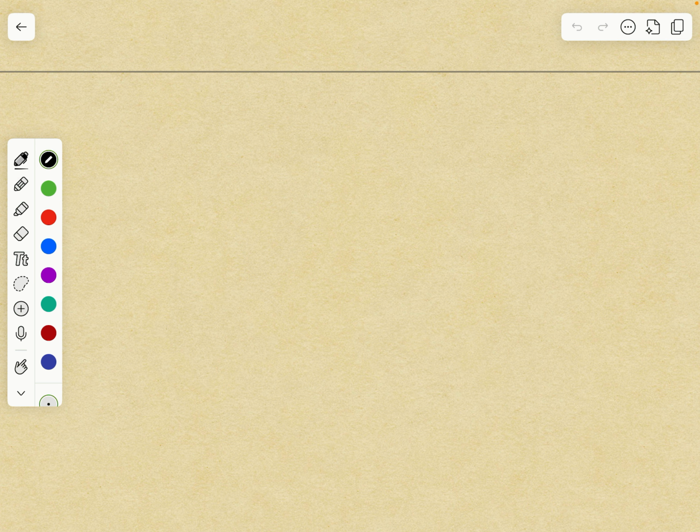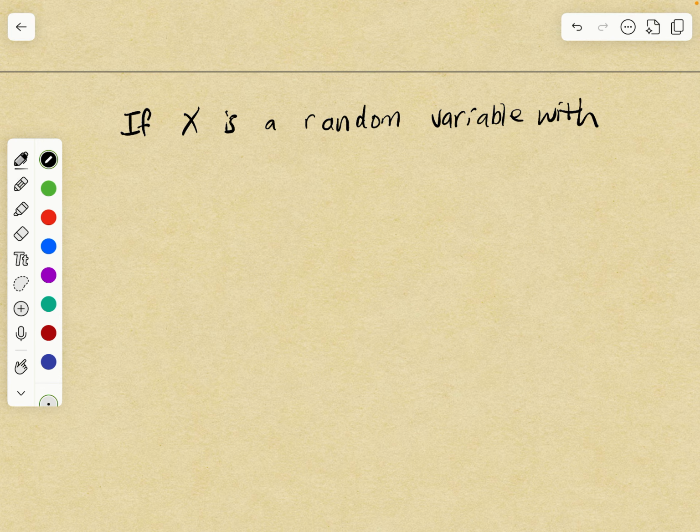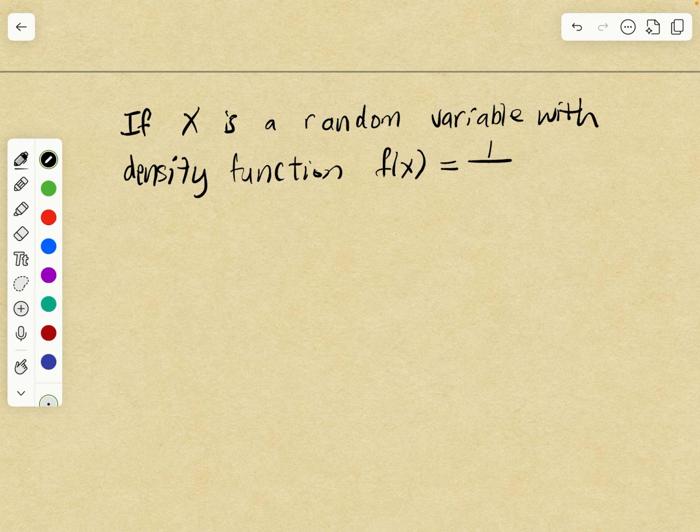So if x is a random variable with density function f of x, which is 1 over the square root of 2 pi times e to the minus x squared over 2.